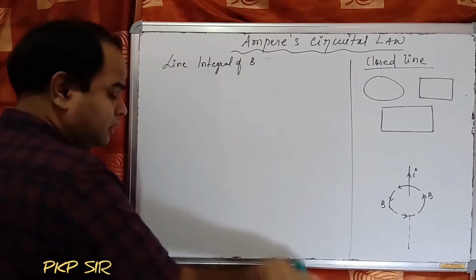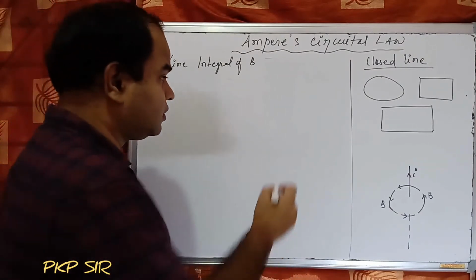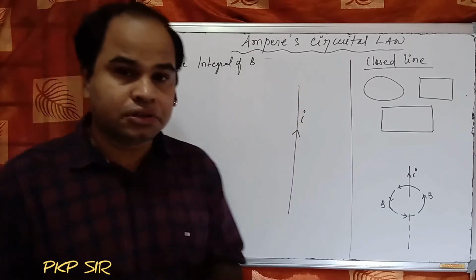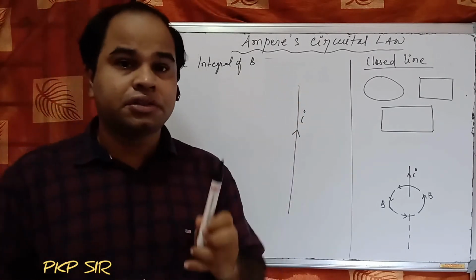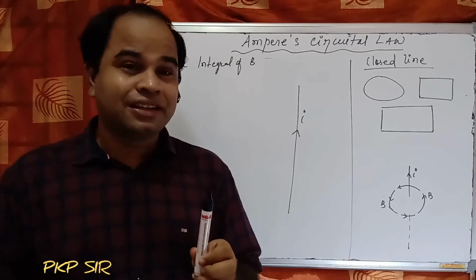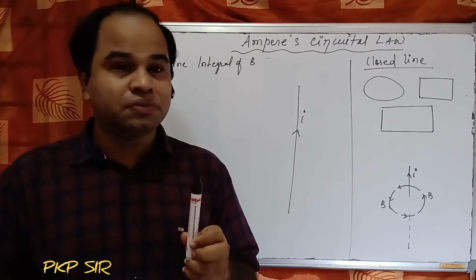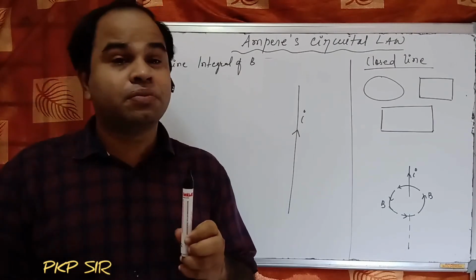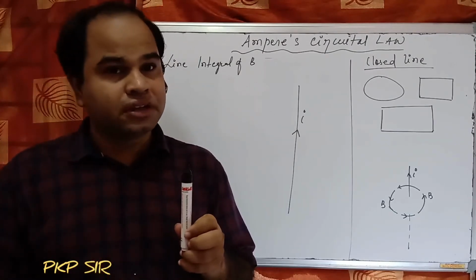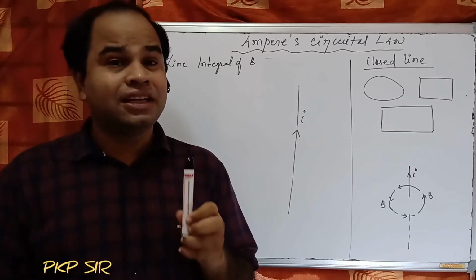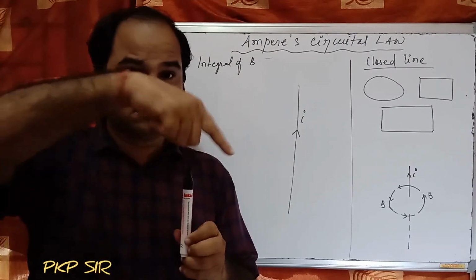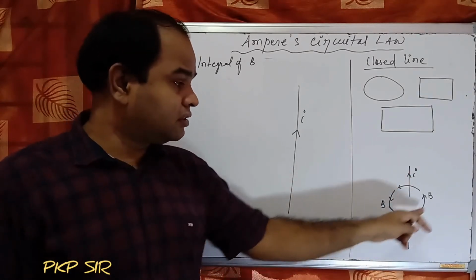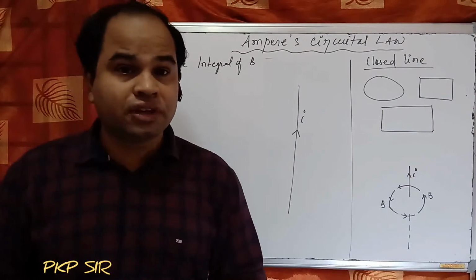A straight current carrying conductor carrying current in upward direction produces a magnetic field that is circular in nature and anti-clockwise in direction. It is shown in this figure. Current is upward, the magnetic field is circular and anti-clockwise.